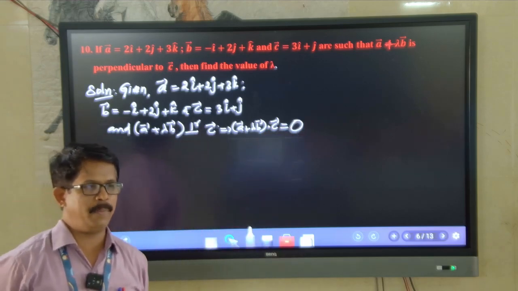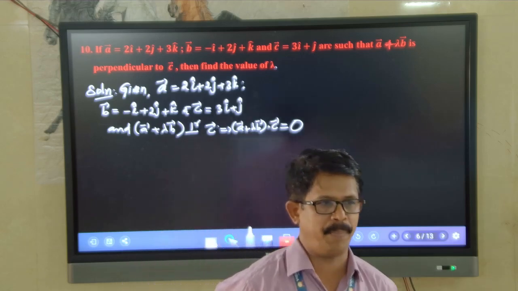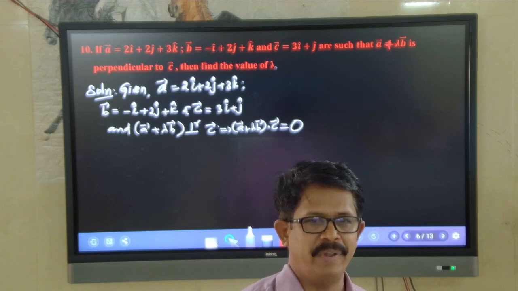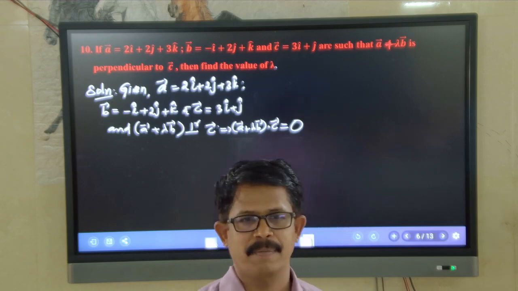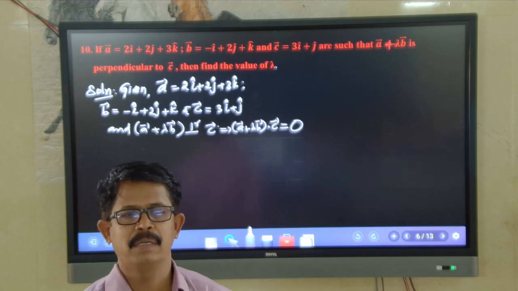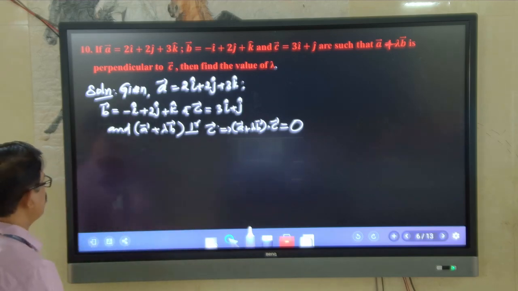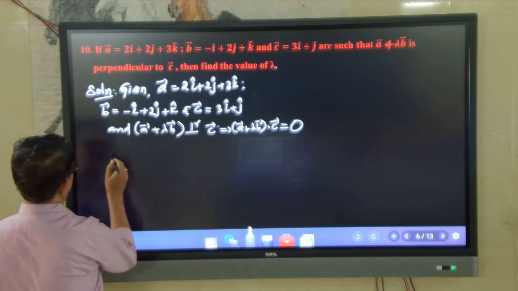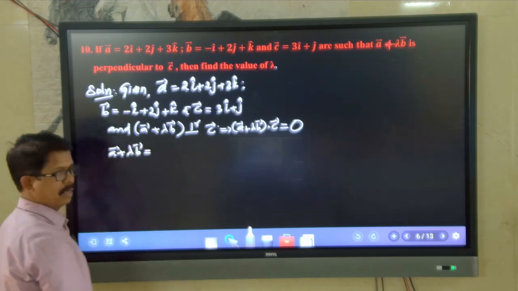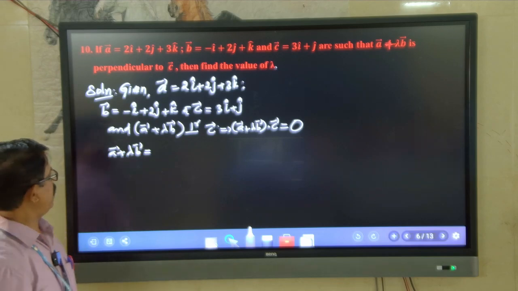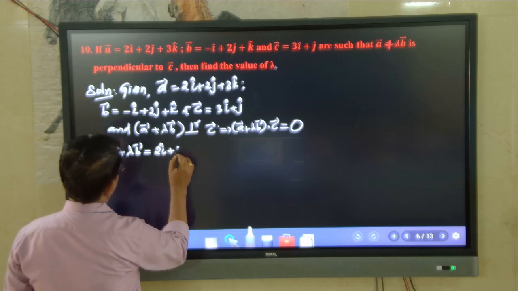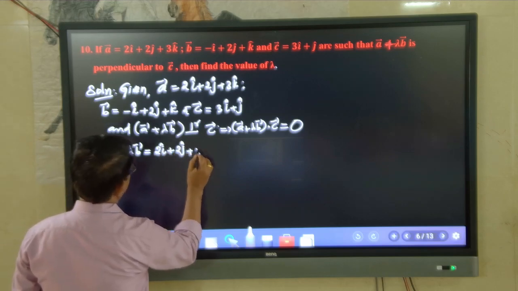Because a plus lambda b is perpendicular to c, correct? So when you have studied, two vectors are perpendicular means what? The dot product is 0. Yes, now like this here. First you find out a vector plus lambda into b vector. Are you okay here? What is a vector? 2i plus 2j plus 3k, correct?